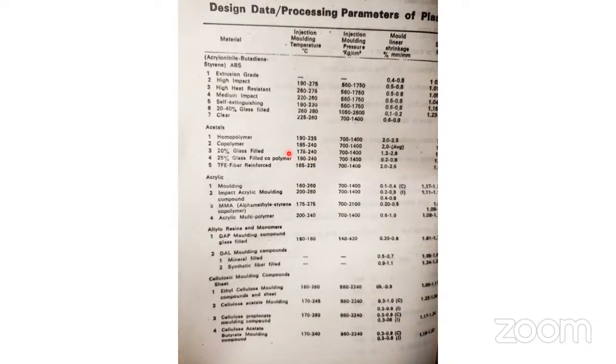Then if the glass filled is maybe 25% and more, then again you have to increase the temperature slightly. Then fiber reinforced: if you add fiber, then again you have to reduce some temperature at a higher level, but the initial temperature you have to increase slightly.